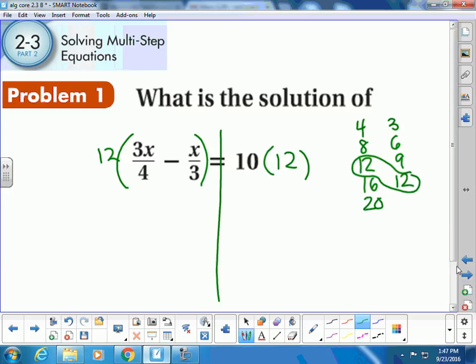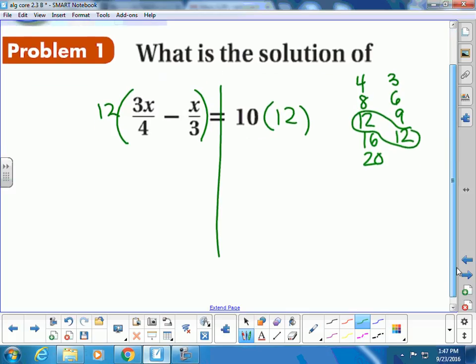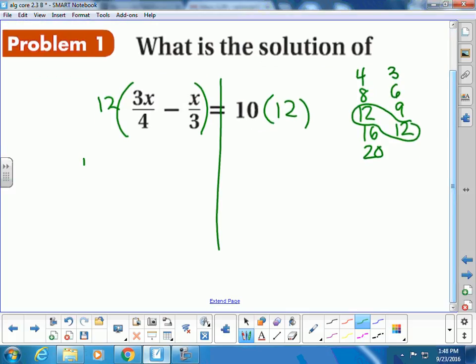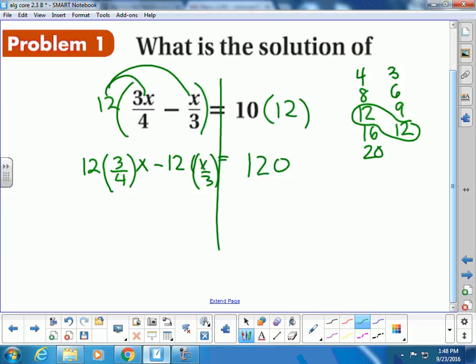So now I have 12 times 3/4 x minus 12 times x over 3 equals 12 times 10, 120.